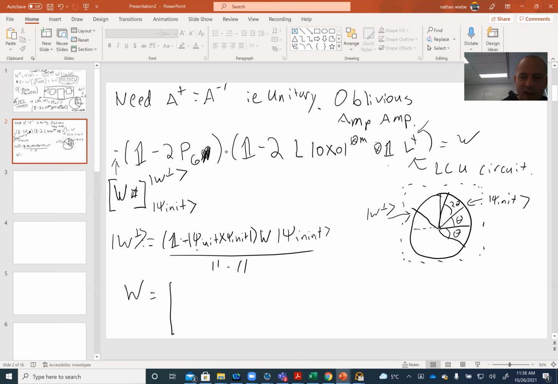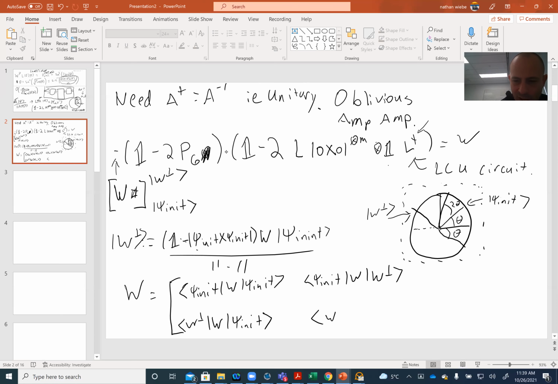Inside this subspace, the matrix action is: psi init, W, psi init; psi init, W, W perp; and then W perp, W, psi init; and last but not least, W perp, W, W perp. All right, so this is the operation inside the 2-dimensional subspace.